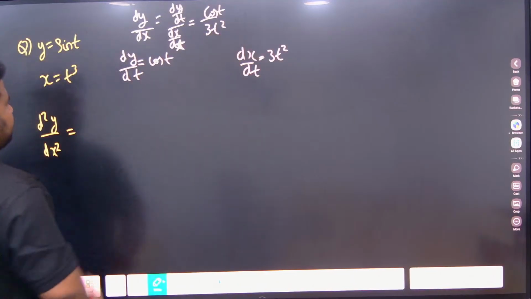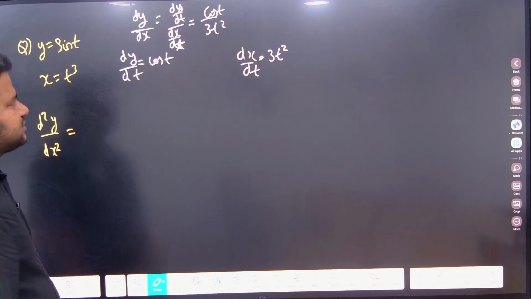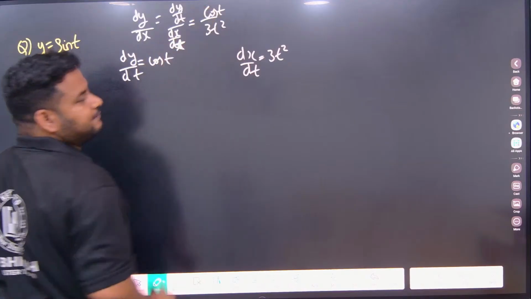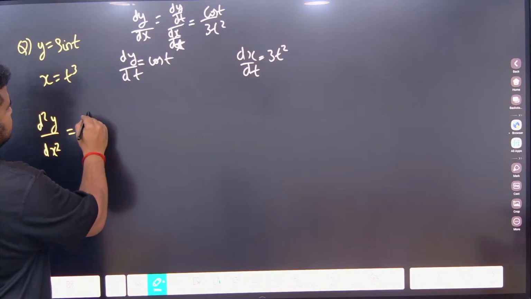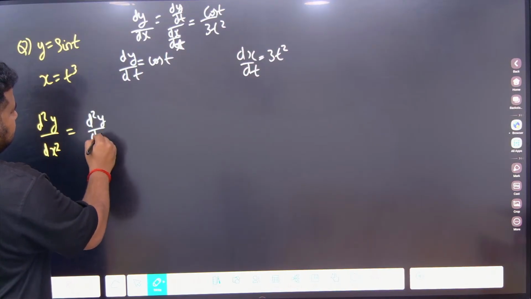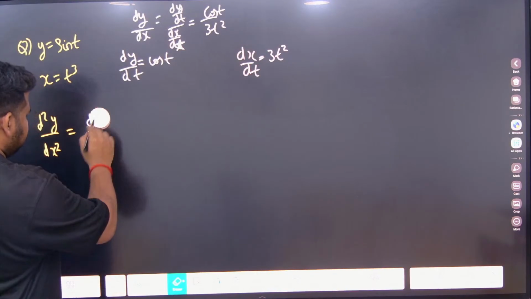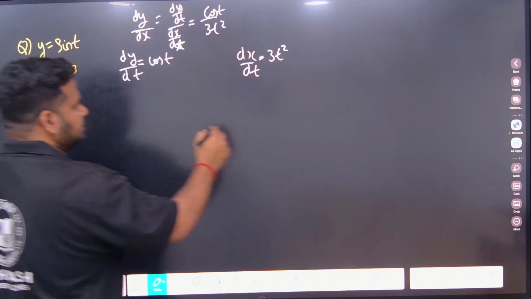Now I want d square y by dx square. It is not like you will differentiate this again. One thing you have to understand, the galti alert.